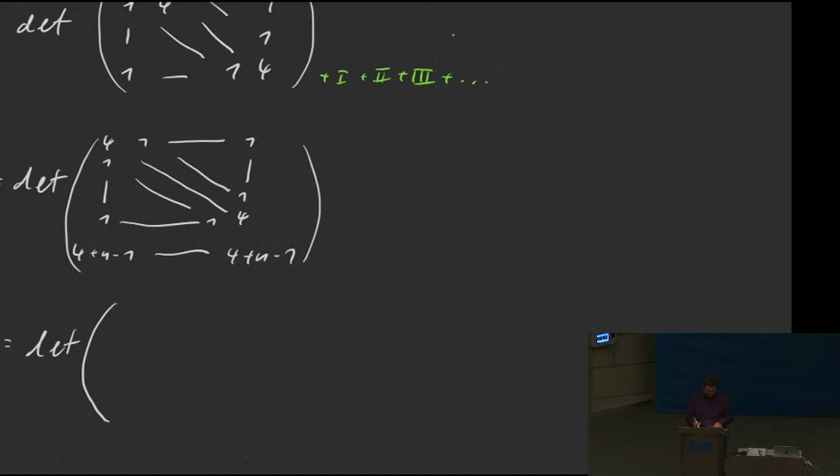So the entries in that last row are all the same, and I want to produce zeros. My goal is to produce as many zeros as I can, and one way to do this is to take, for example, the last column and subtract that everywhere. What happens if I do this? All the entries in that last row become 0, apart from that last column. Of course, that stays. And what else do I have?